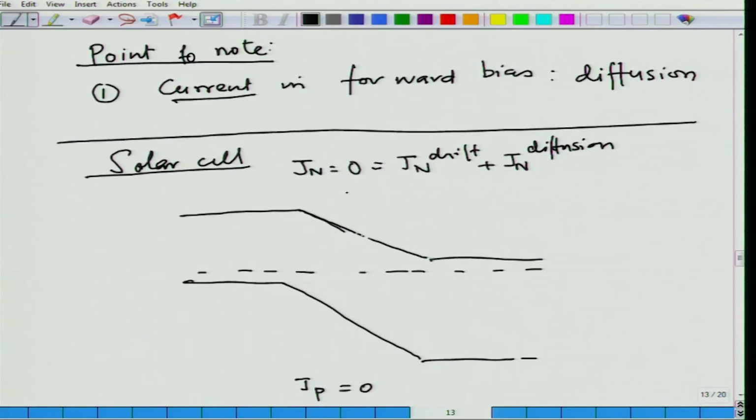Now, if I bring in light and create electron and hole pairs, I can create them in 3 different regions possibly, depending on how I bring in light.